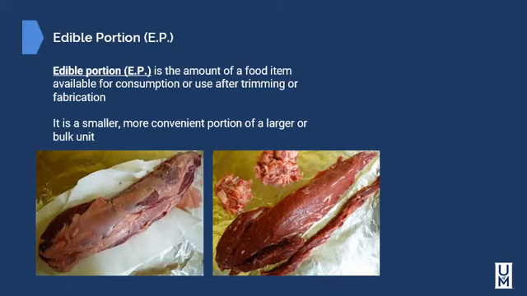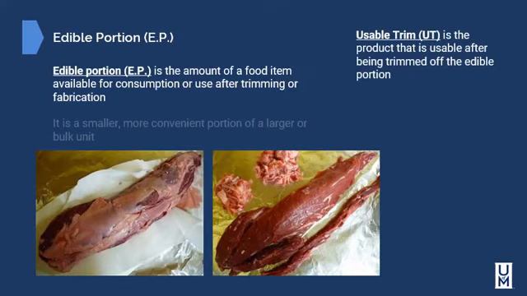On the other side, I have the cleaned, denuded tenderloin, with the chain muscle on the side and all the sinew and fat separated. So now I have my edible portion, which is my usable product: my whole beef tenderloin and my chain muscle that's been cleaned on the side. These are all considered edible portions. The other parts are considered next.